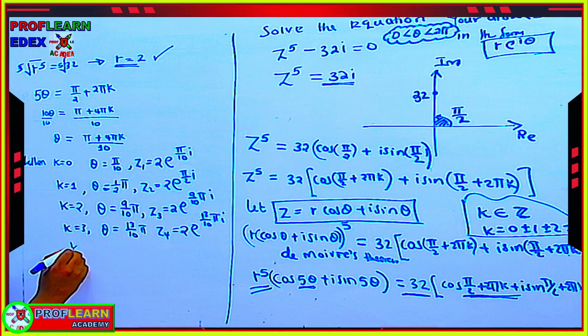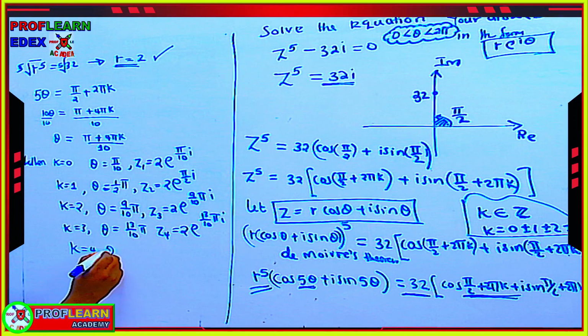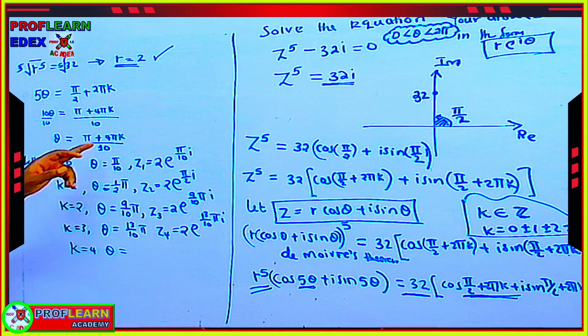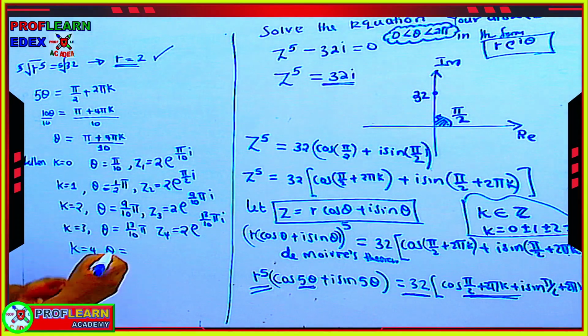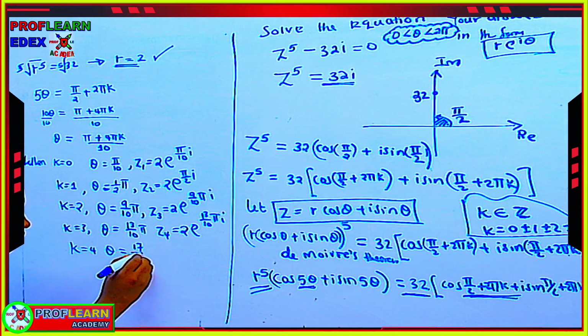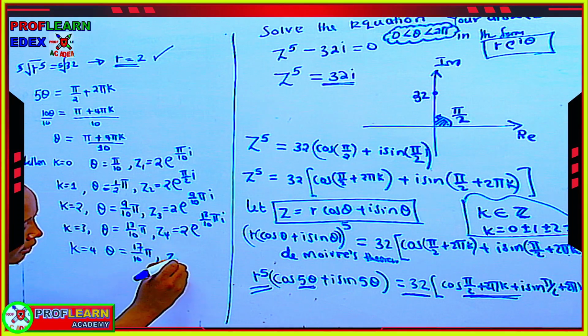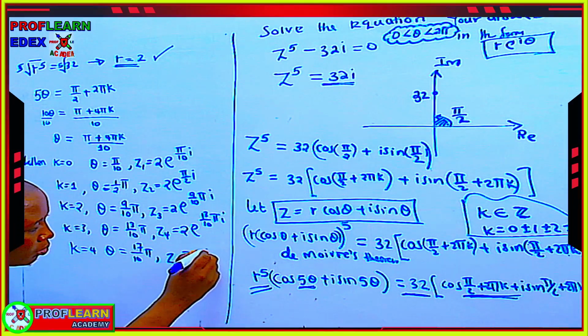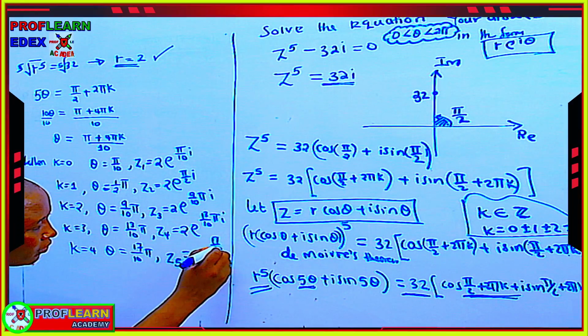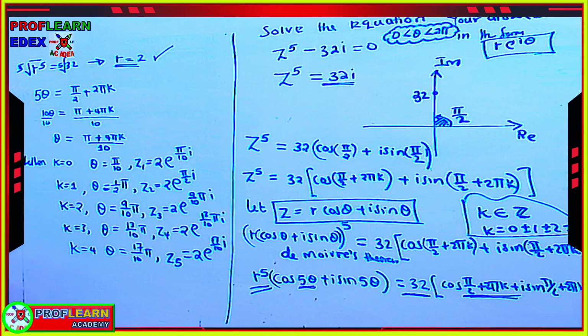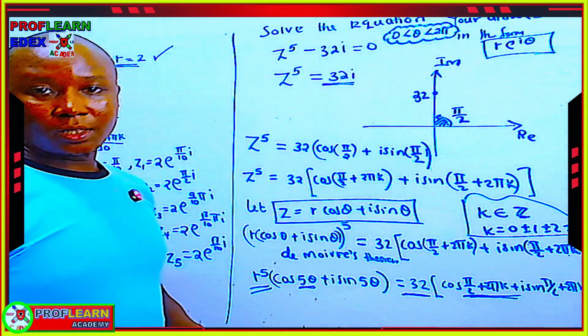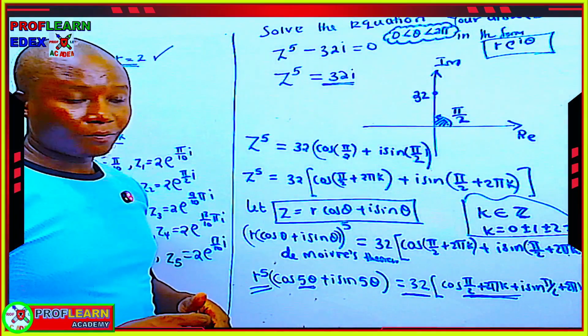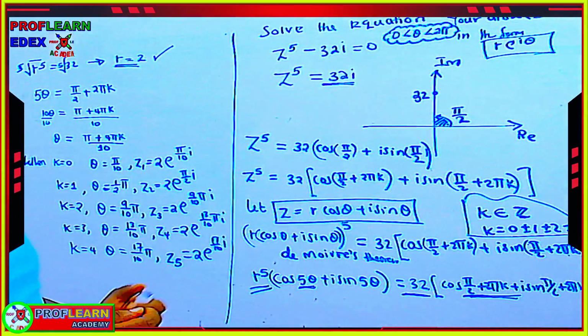Then we have k equals 4, 16 plus 1, it will be 17, so it will be 17 over 10 pi, and therefore our z5 is going to be 2e^(i 17 pi/10). So this becomes the roots of this question that we are having here.